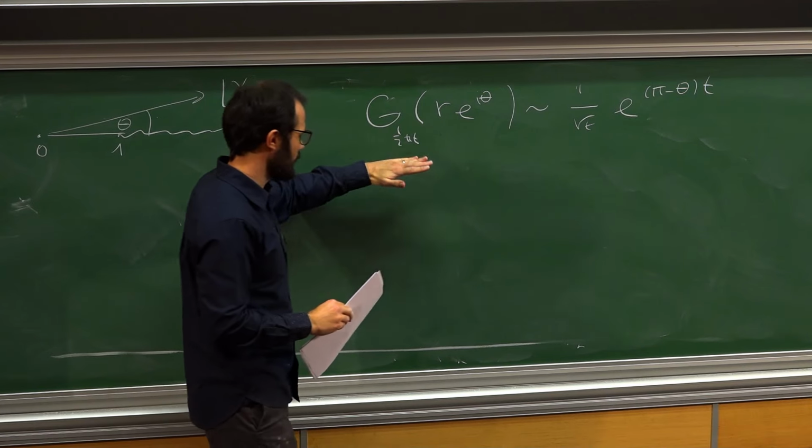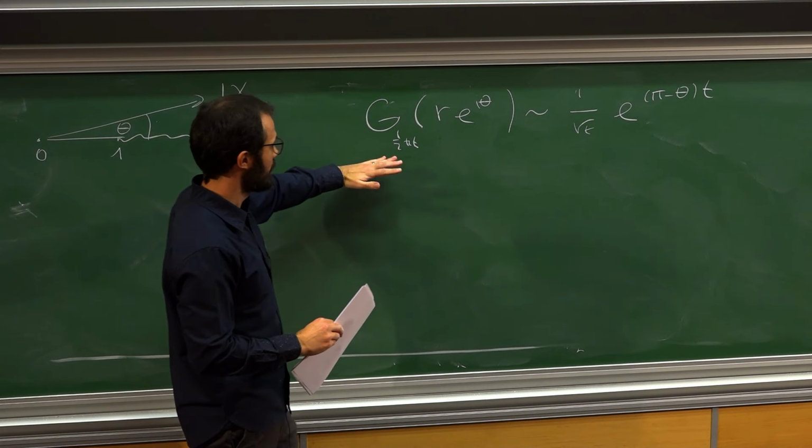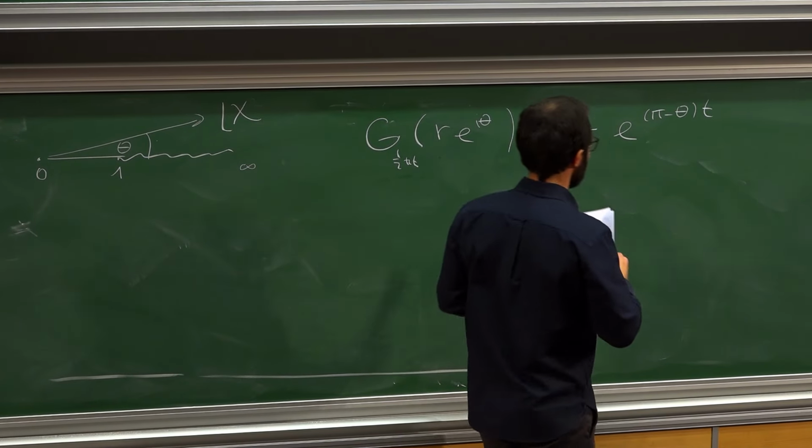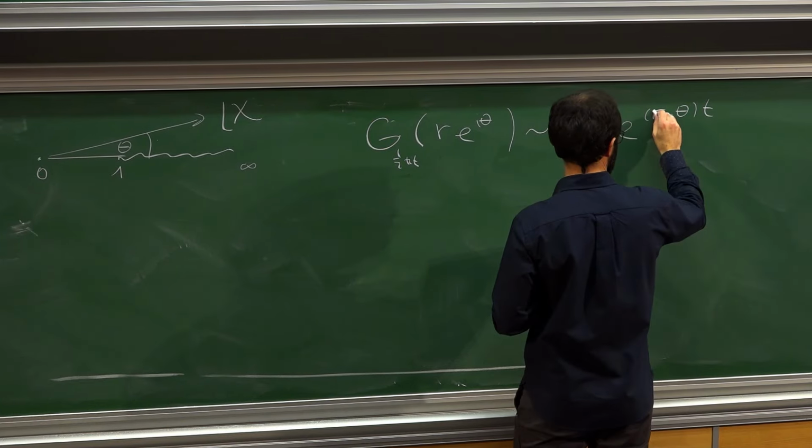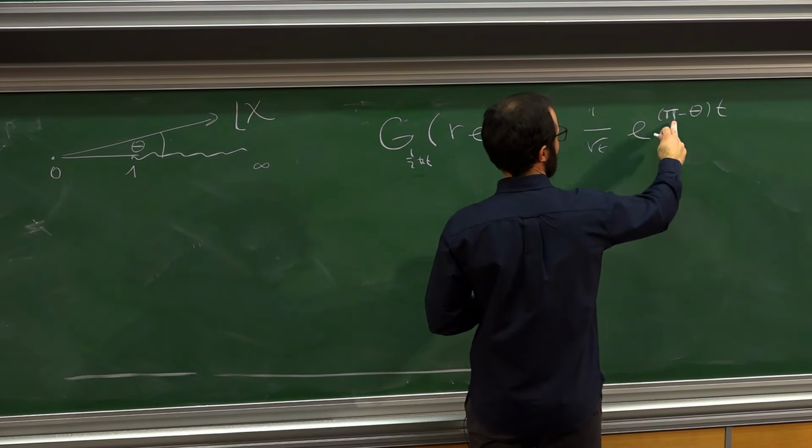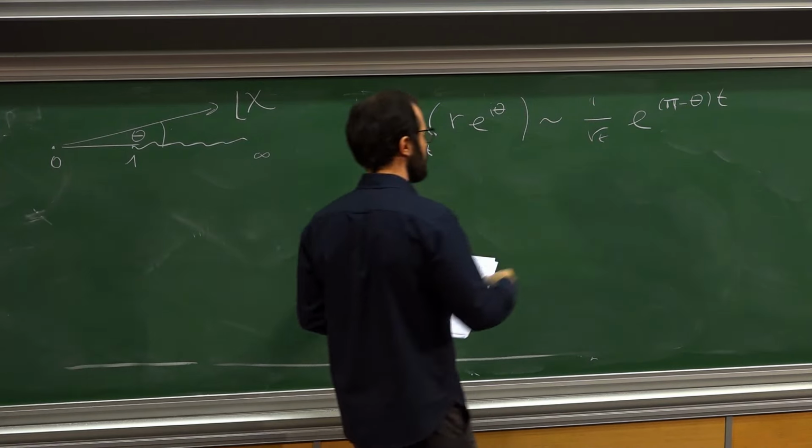So we are wondering what happens at large t. That's the whole point, right? The conformal block blows up exponentially with a rate (pi minus theta) times t.